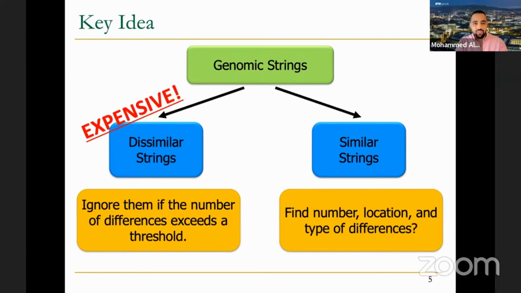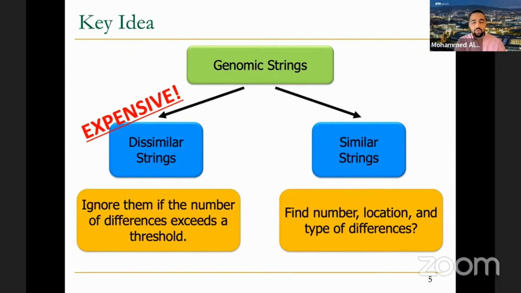Again, if the threshold is 5, the optimal algorithm says the number of differences is 7, and our filter says 9, then it's fine. As long as both of them, the optimal algorithm and the filter, agree that the number of differences exceeds the threshold, then it's perfectly fine.